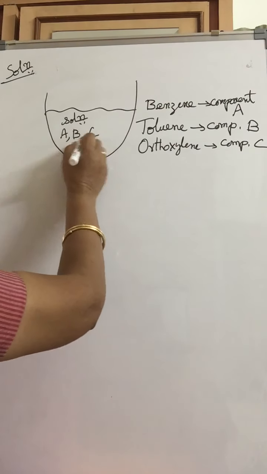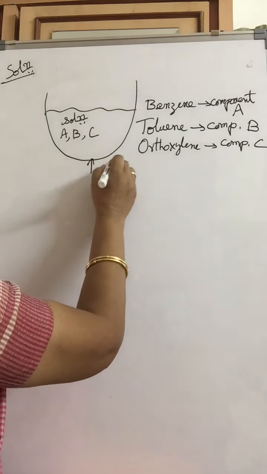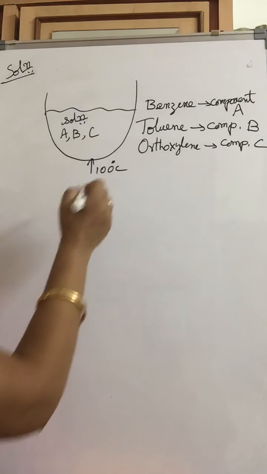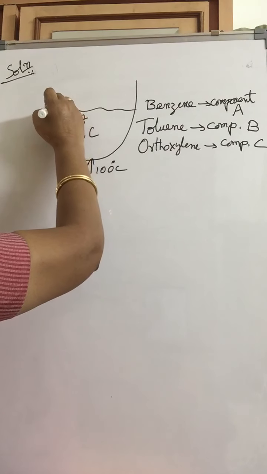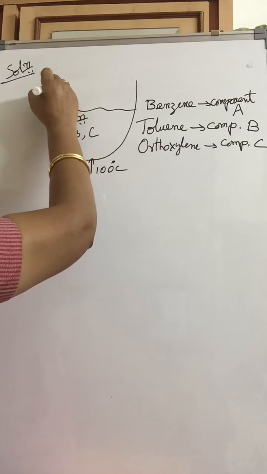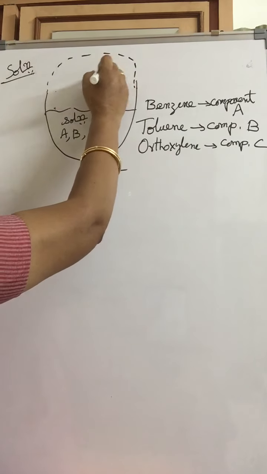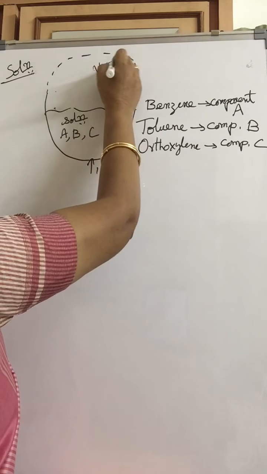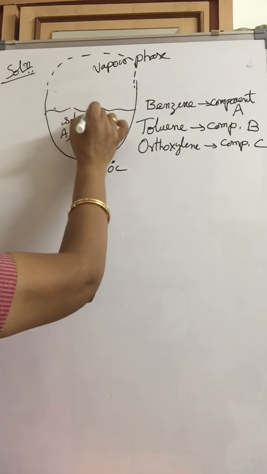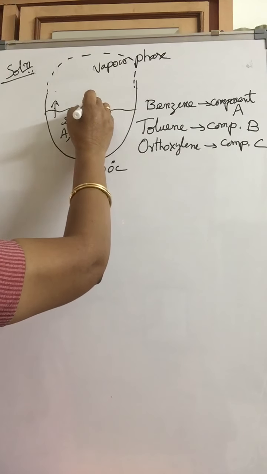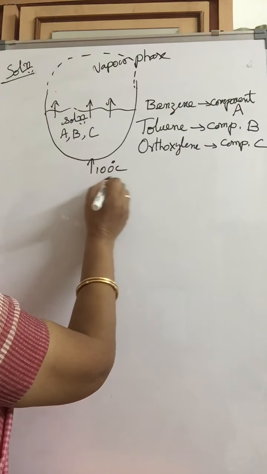Now this is A, B, C, that means benzene, toluene, oxylene, at 100 degrees centigrade. Based on this temperature, benzene, that is component A, will evaporate and form its vapor. So you will have the vapor phase here. Toluene will also evaporate, and oxylene will also evaporate based on this temperature.